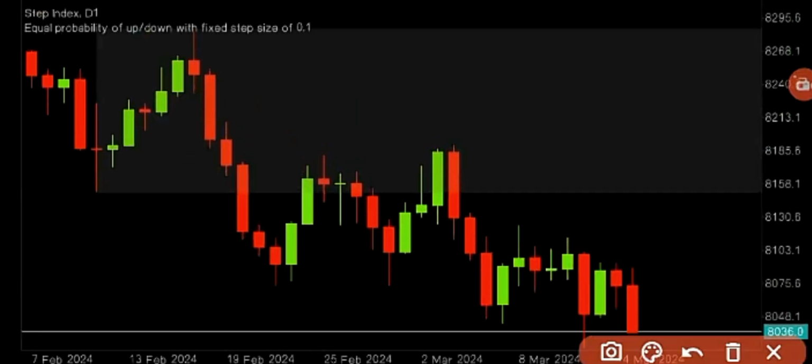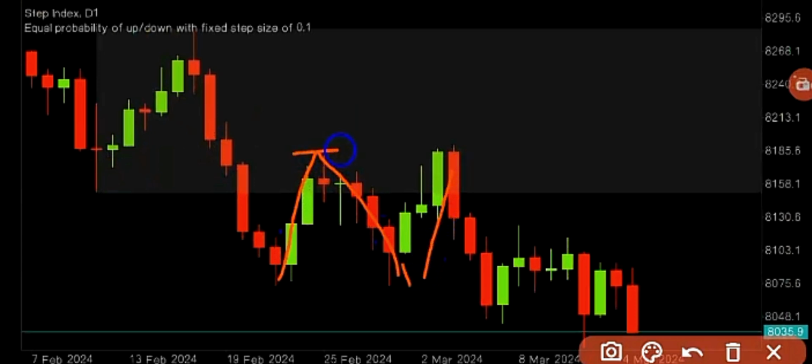Look at what we have over here. After breaking this structure, the market retraced a little bit and then started selling. Then the market retraced again, broke this zone, and sold impulsively again.